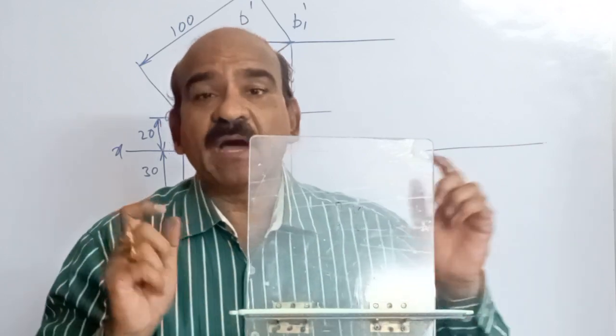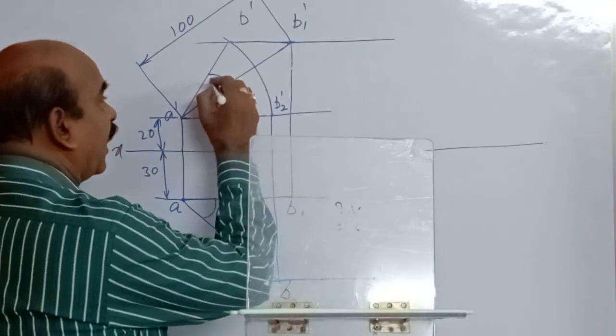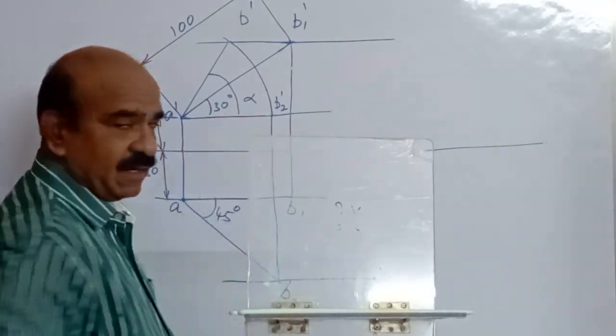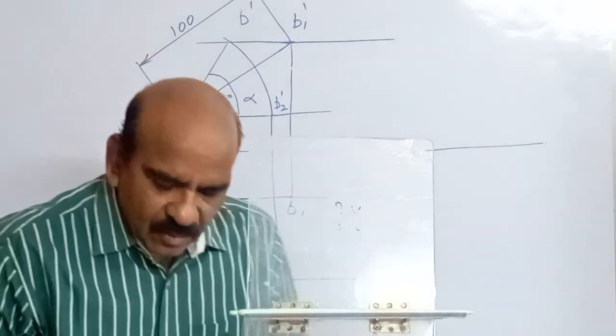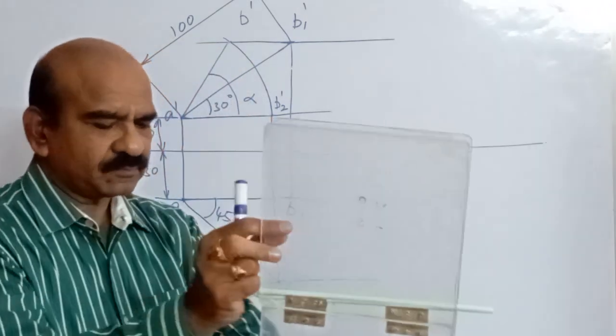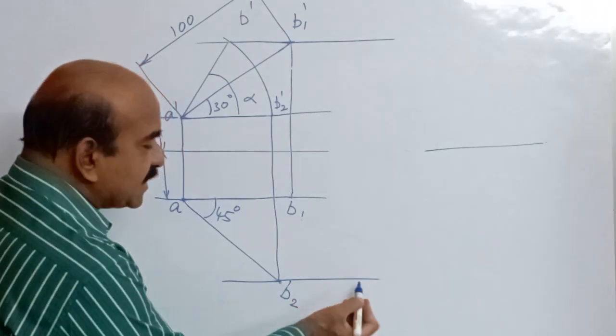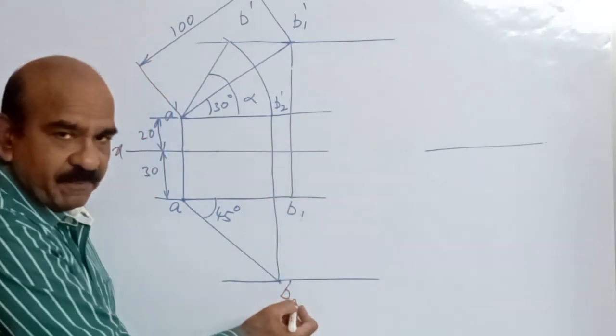That's why it appears, and that's why we call this angle alpha the apparent angle. Okay. Now, to draw the final position of B, we know that the point B is at this distance in front of VP.